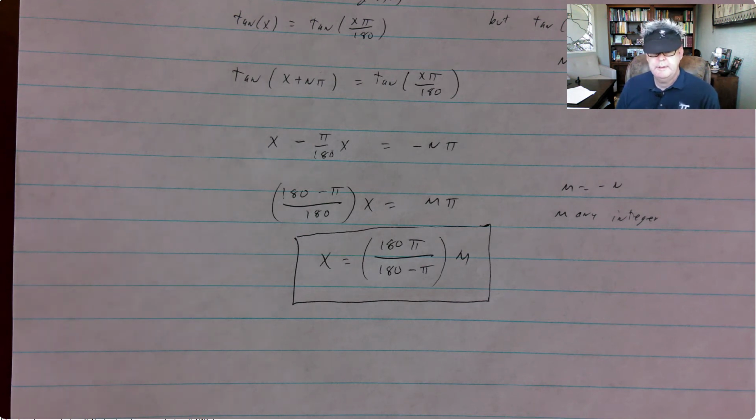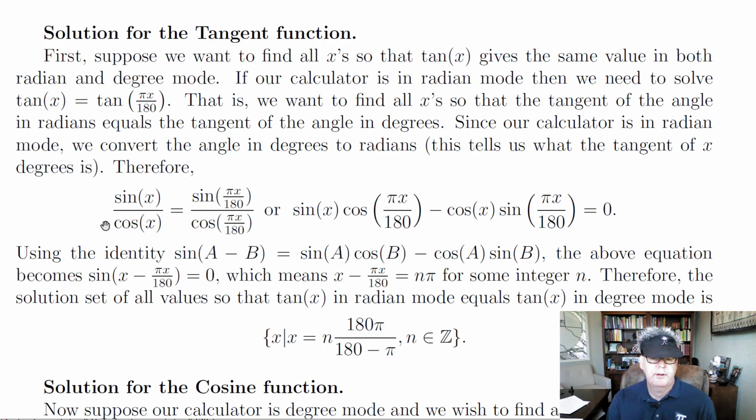Another way to do it, maybe we'll look here. If I want to solve where tangent in radian mode equals tangent in degree mode, if you cross multiply and then subtract, you get this, but that's just simply sine of a minus b, where a is the first and b is the second argument there.